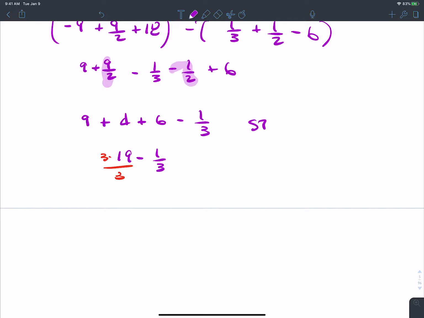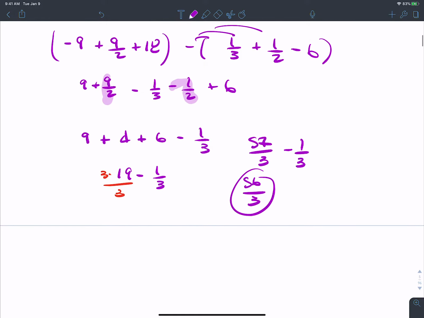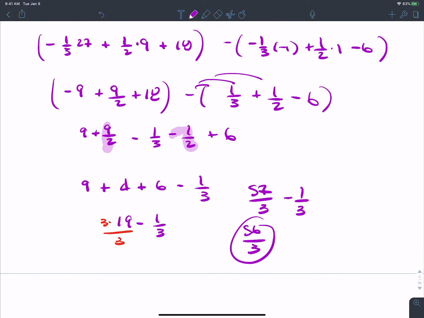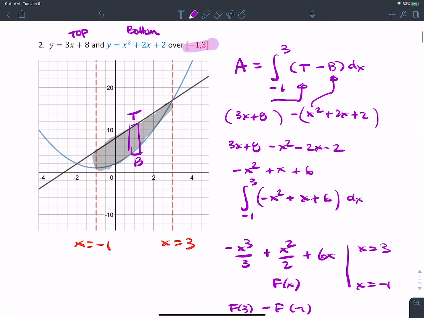Okay. So we get 57 thirds minus 1/3, which gives us 56 thirds. So there we go. This is how we handle that first situation again, 56 thirds here. All right, you guys okay with that? So the area bounded here is going to be, oops, undo that. This area here is 56 thirds, so maybe I want to erase this portion here.